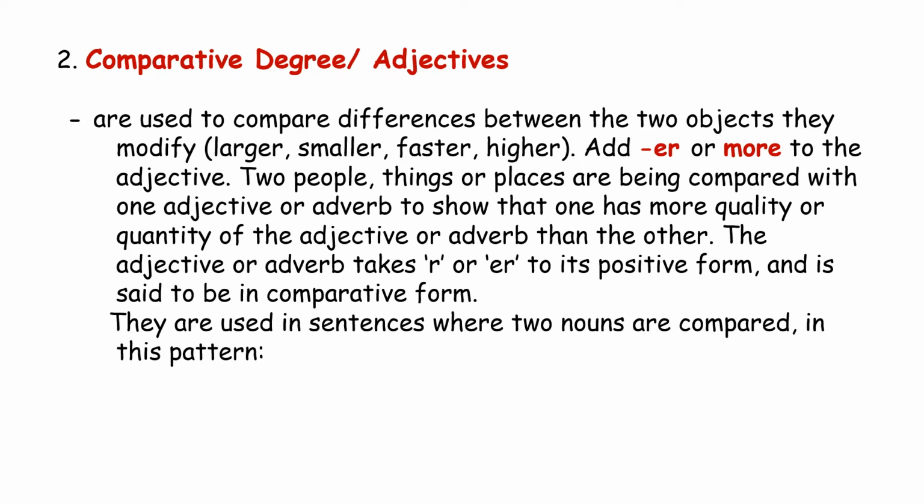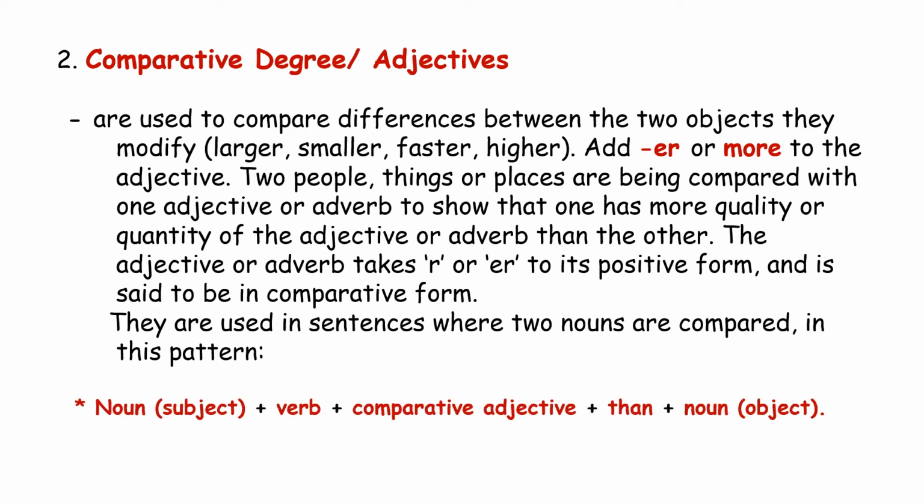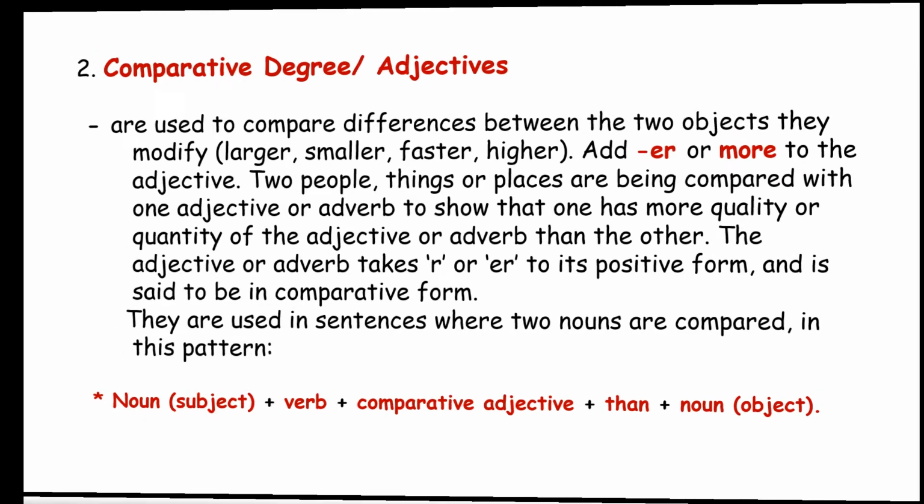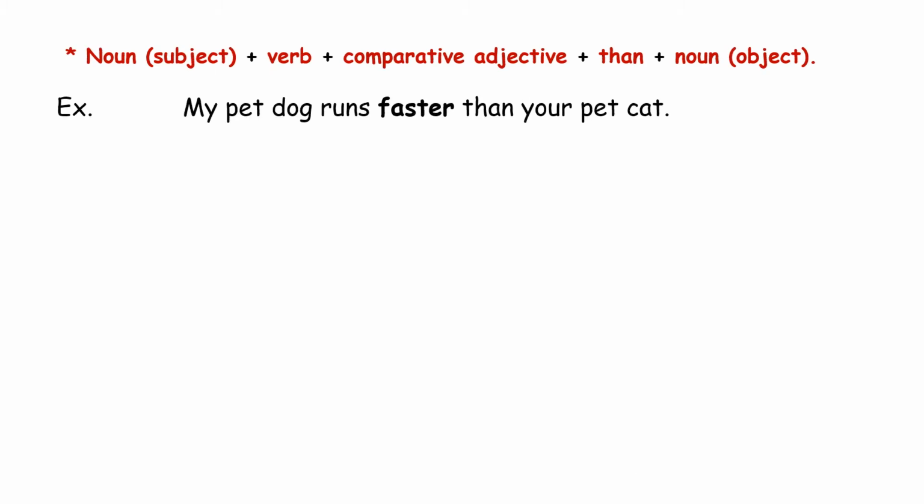They are used in sentences where two nouns are compared in this pattern. Take note of the pattern. We have the noun as the subject, plus verb, plus the comparative adjective, plus than, plus noun as the object of the sentence. Example, my pet dog runs faster than your pet cat.